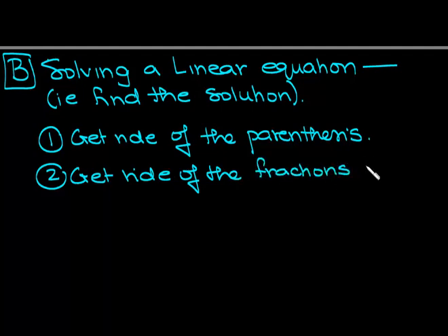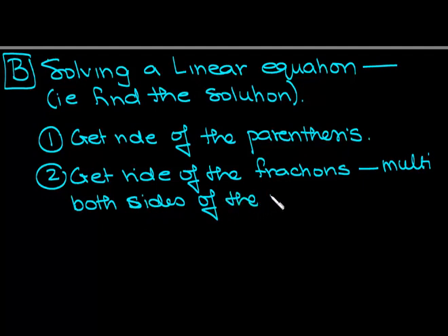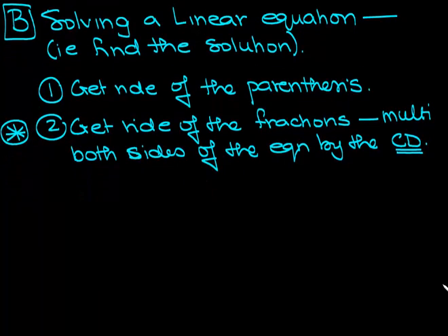To do this, we multiply both sides of the equation by the common denominator, which I'll abbreviate CD. This is an important step that you should always remember, because we'll come across that idea many times. Anytime you want to get rid of fractions, you multiply by the common denominator. In different situations we'll apply that idea differently, but the idea is the same.